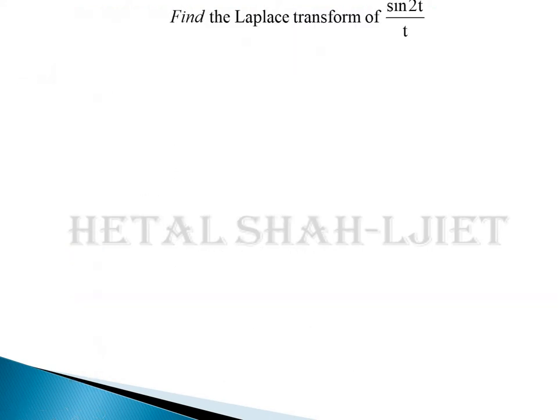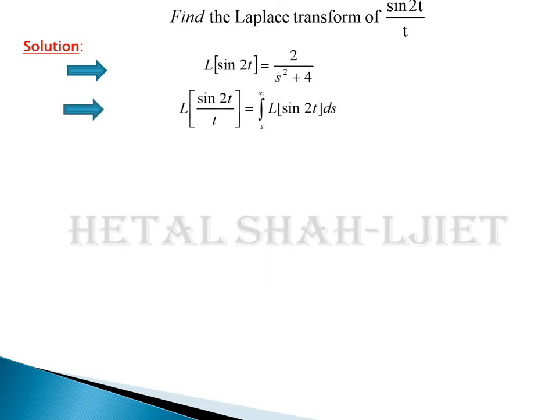Let's check some examples. Find the Laplace transform of sine 2t upon t. So Laplace of sine 2t is 2 upon s square plus 4. Laplace of sine 2t upon t is integration of s to infinity of Laplace of sine 2t, which is 2 upon s square plus 4, ds.